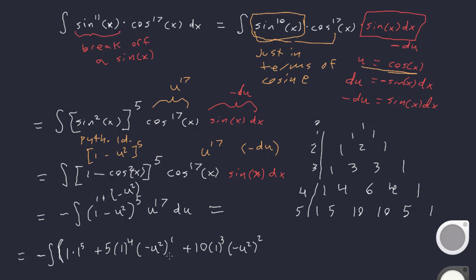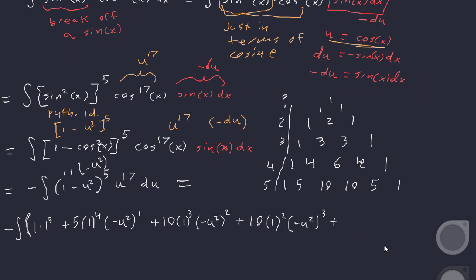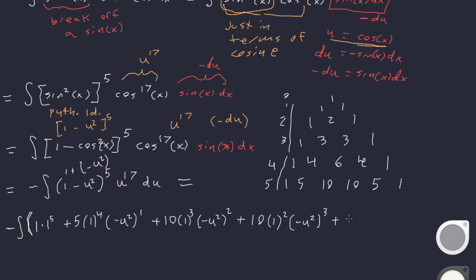Okay, so it'll be plus 10 times 1 to the 3rd times negative u squared, all squared. Then it will be plus 10 again times 1 squared times negative u squared to the 3rd, plus, running out of space here, but then plus 5, then 1 to the 1.